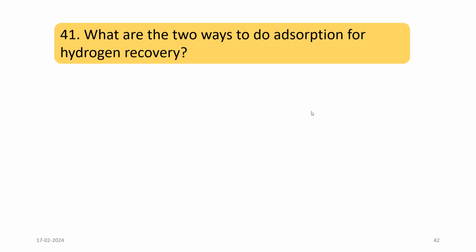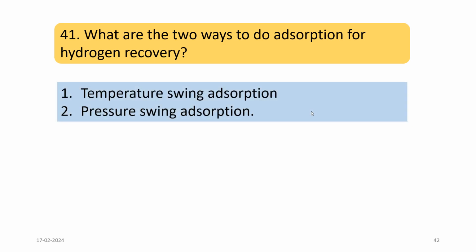Next, what are the two ways to do adsorption for hydrogen recovery? The answer is temperature swing adsorption and pressure swing adsorption. Temperature swing adsorption means TSA, where temperature is controlled, and pressure swing adsorption, PSA, where pressure is reduced.